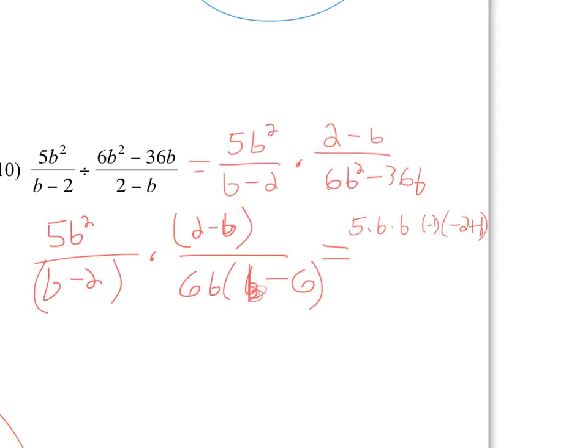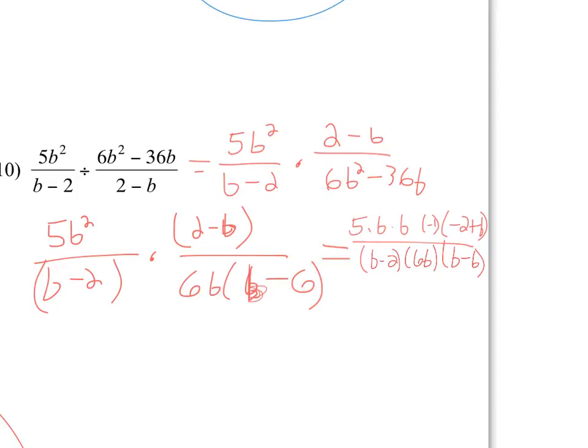All of that is being divided by b minus 2 times 6b times b minus 6. This got really messy really fast.